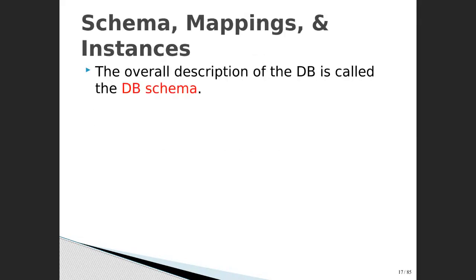Now we will discuss the schema, mapping, and instances. Having three levels will require mapping between these levels in order to make sure that every level corresponds with the other level. For example, the external level or the user views need to reflect whatever describes or defines the conceptual level.